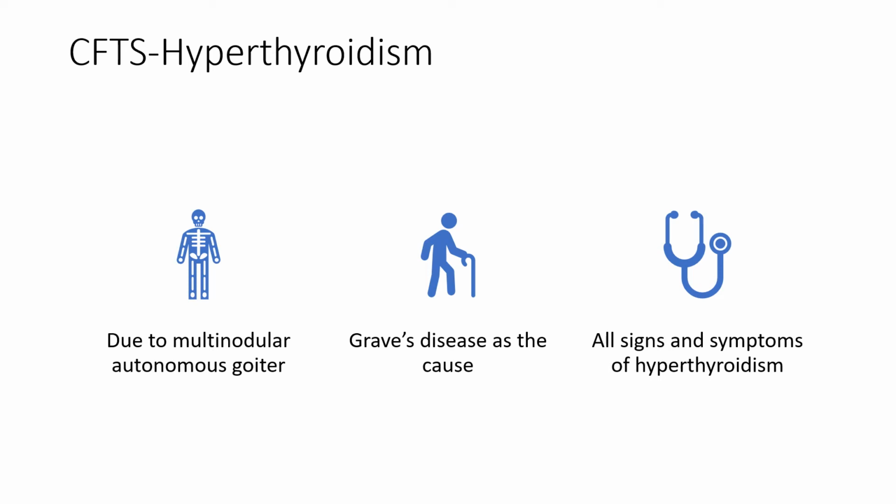And of course, all the signs and symptoms of hyperthyroidism, which I will not go into right now because there will be a separate presentation on Graves' disease, thyrotoxicosis, thyroid storm, hyperthyroidism, and everything involved there.